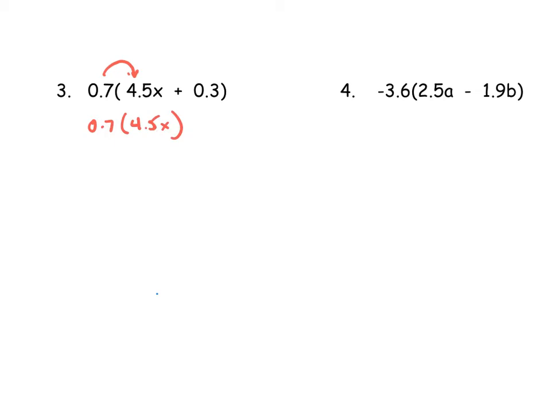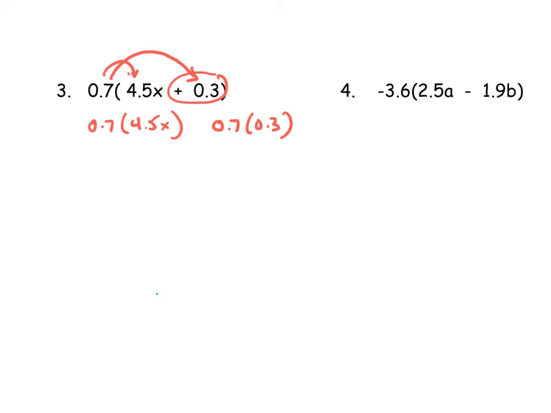So next, what happens if I draw an arrow from 7/10 to 0 and 3/10? What does that mean? If you said that means 7/10 times 3/10, you are correct.